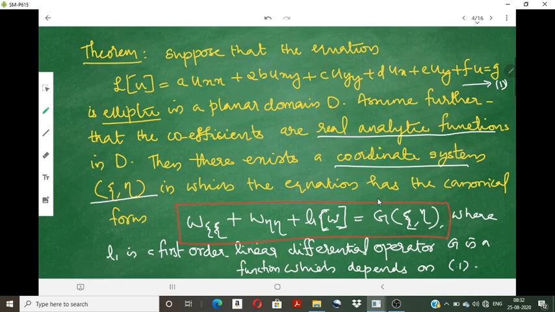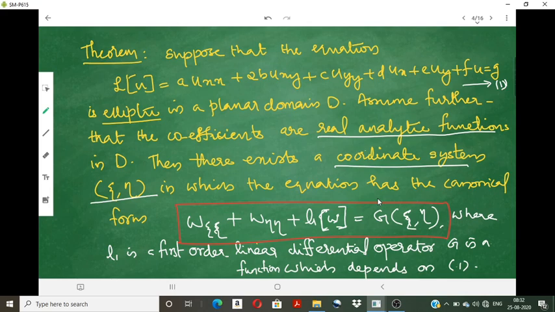The coefficients of the second order terms W_zetazeta and W_etaeta are 1, the remaining part is only the first order differential operator, and the right side is a function of zeta and eta which depends on the given equation.